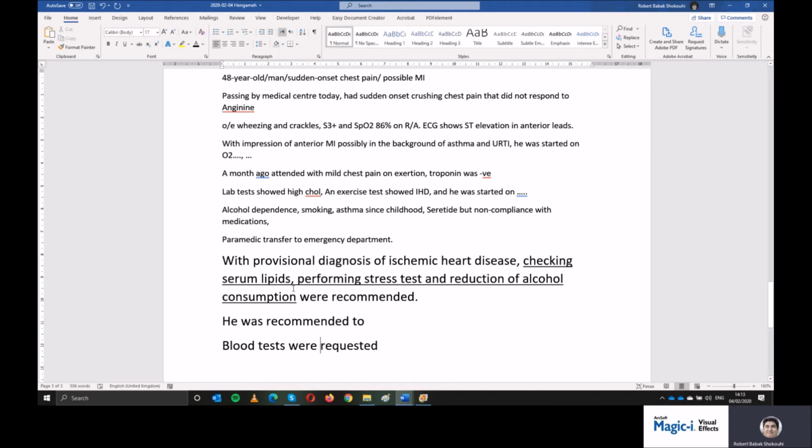And then you can say blood tests including serum lipids were requested. And it was recommended to reduce alcohol consumption.